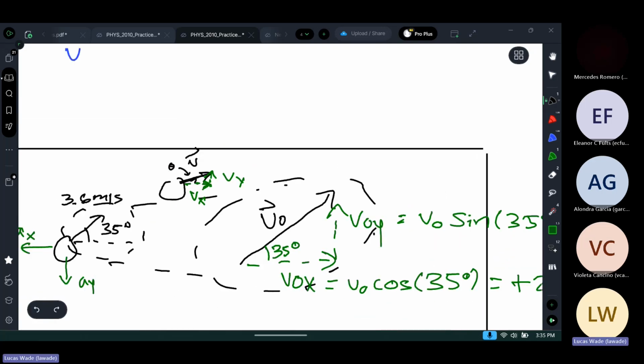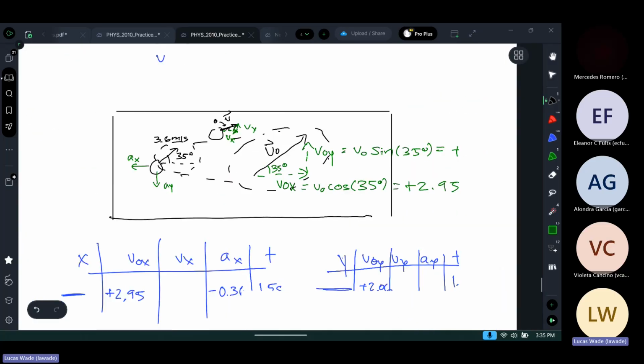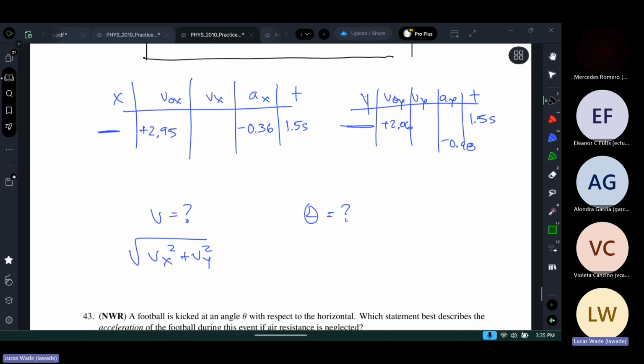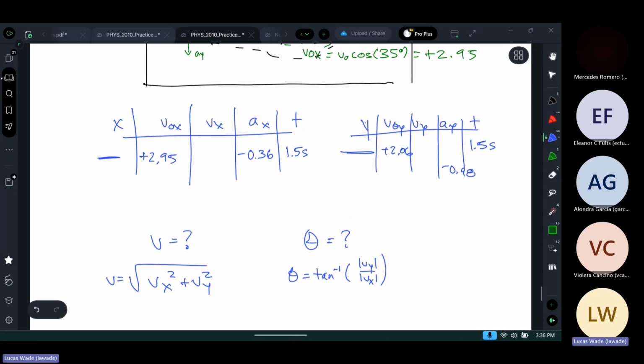The takeaway is, as long as I can find Vx and Vy, I'm pretty much done. Because then the overall magnitude is that, and the angle is inverse tangent of Vy over Vx. Again, ignore the signs. So this is really asking, how do I find Vx and Vy?